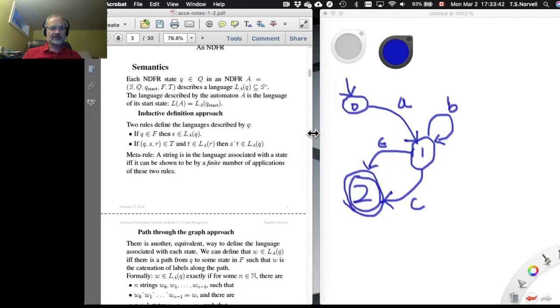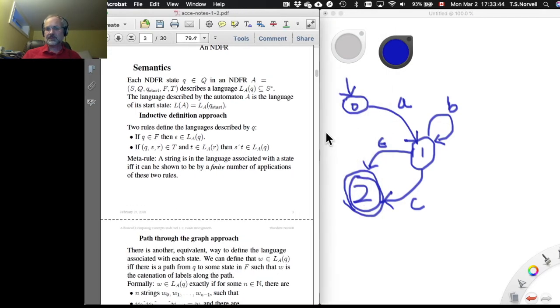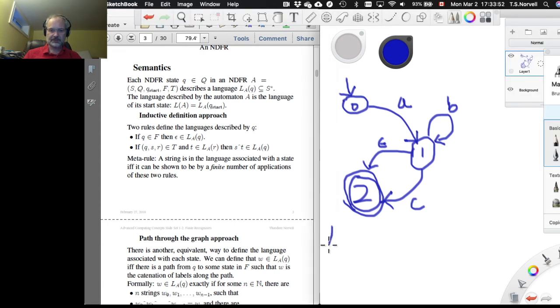Let's look at our definition and our example at the same time. I apologize for my handwriting. It's going to be particularly bad here. We're going to have the language of state 0, this is for automaton A. Did I call that A?